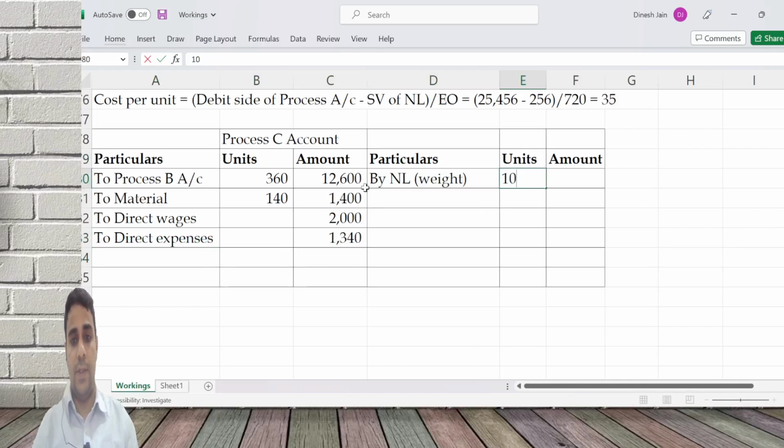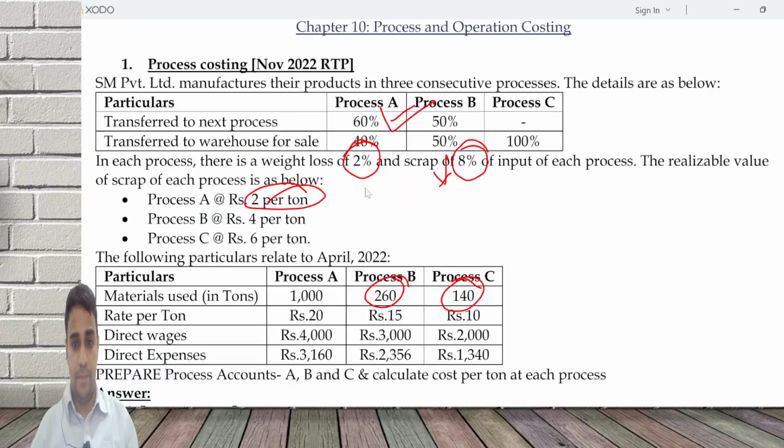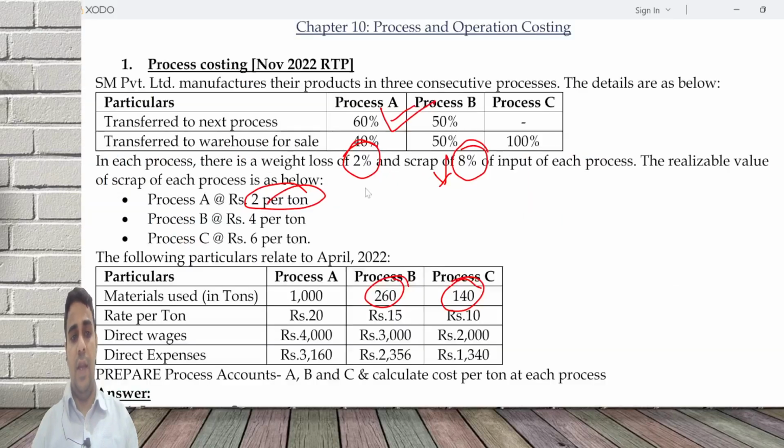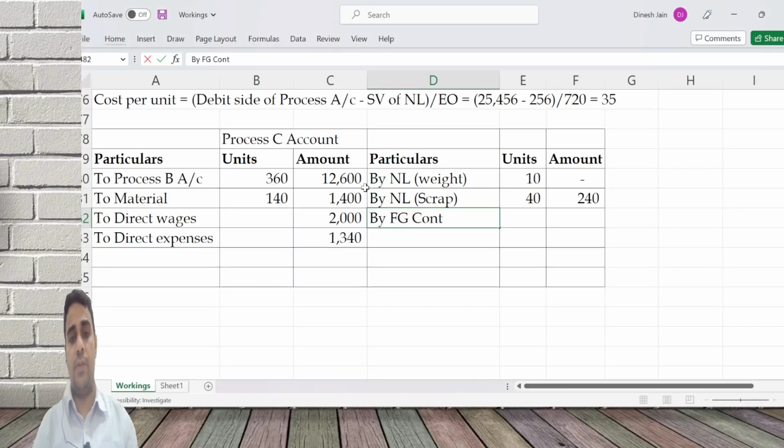Normal loss weight 10, 0. Scrap 40 into 6. And this entire thing will go to FG control, warehouse.